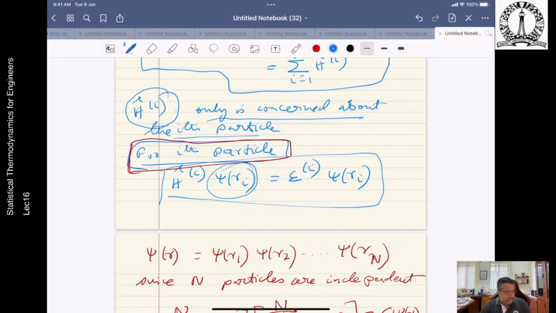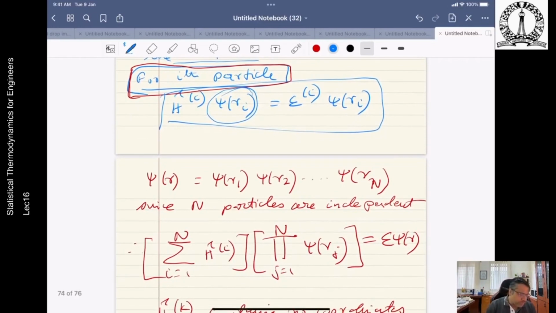For the overall wave function, that means the global wave function, which is psi r, it therefore must satisfy H psi r equal to this expression.